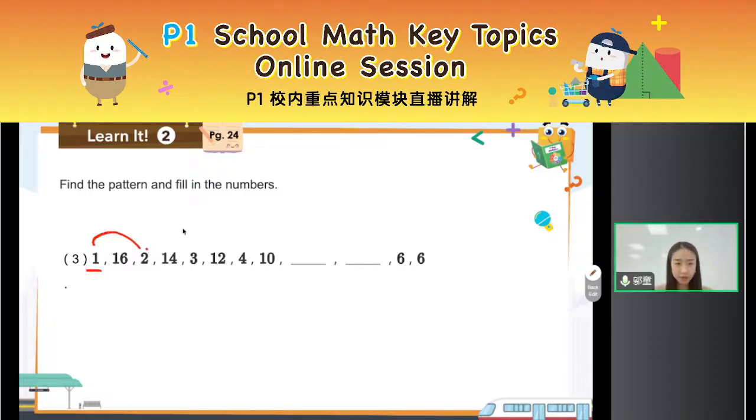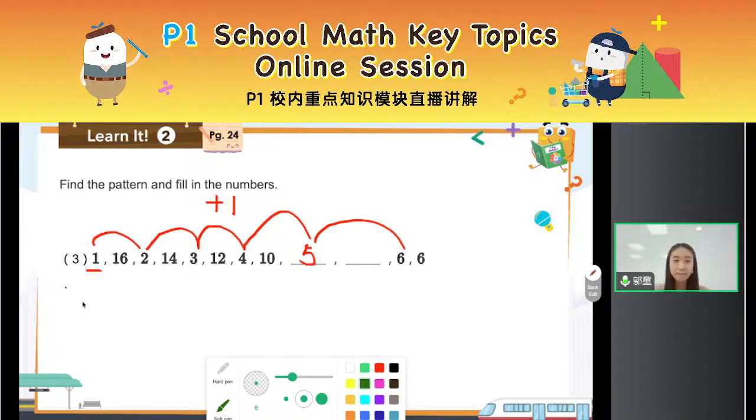Then 2, 2, 3. 3 to 4. Then 4 to where? To 5. And here we can check our answer as well, right? From 5 to 6. Every time the difference is always adding up by one by one by one.